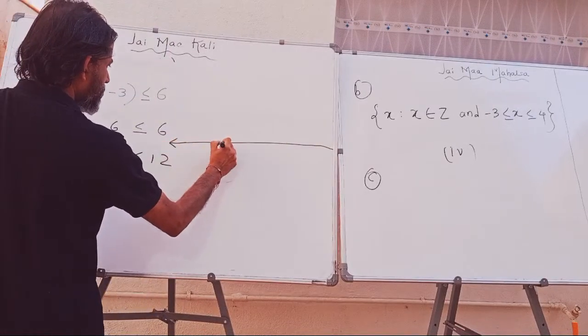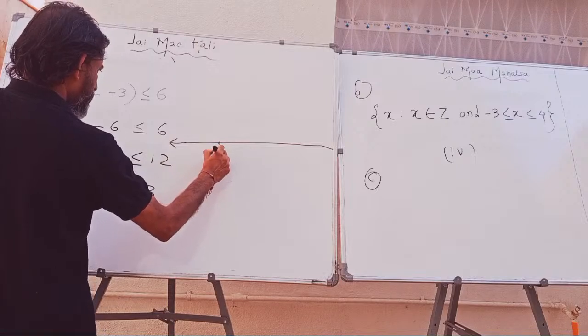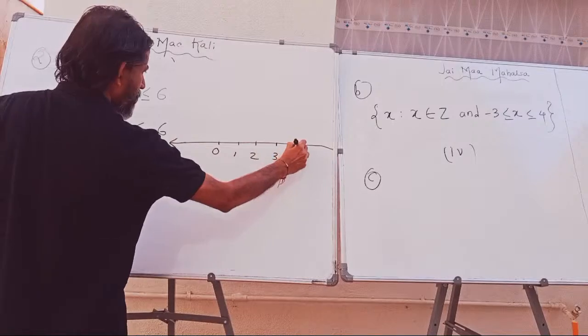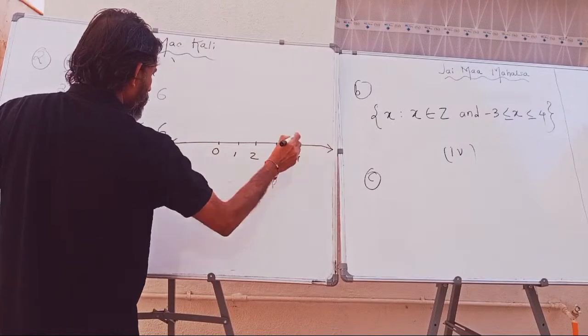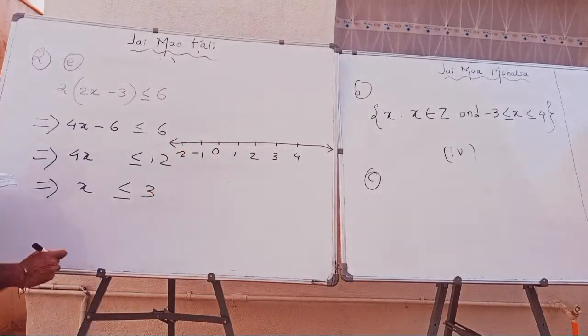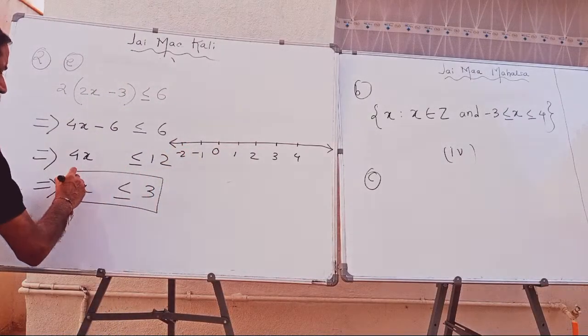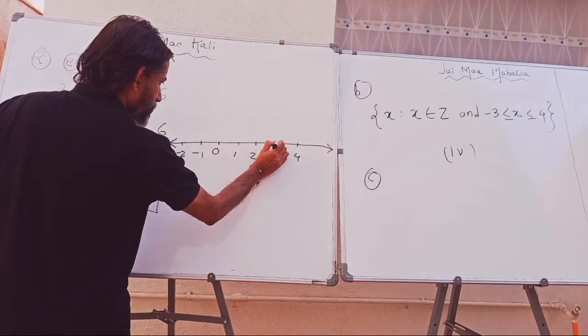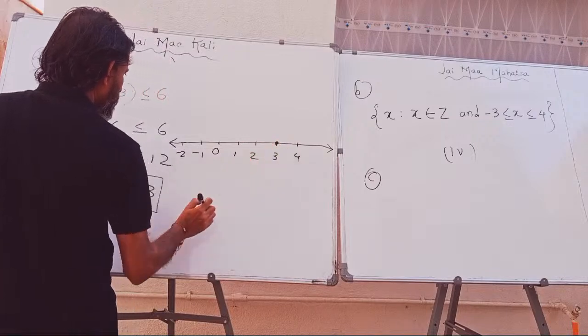So let's say this is 0, 1, 2, 3, 4, minus 1, minus 2. If x is a real number less than or equal to 3 or less, this becomes a solid circle, right?